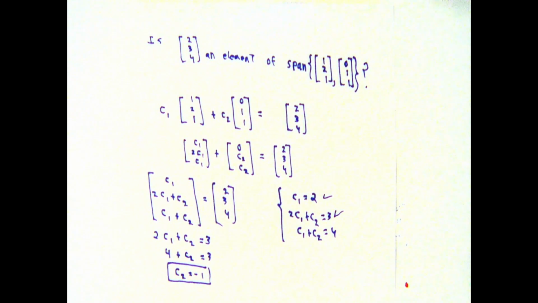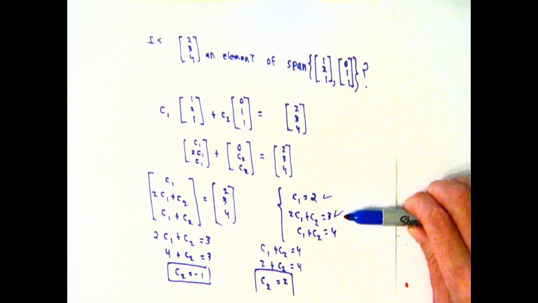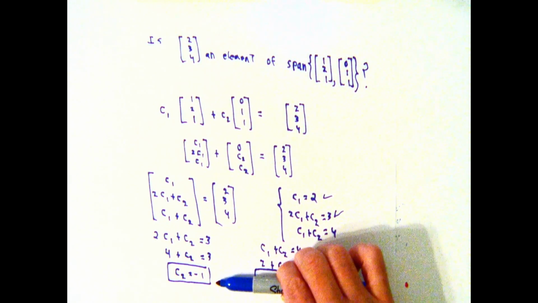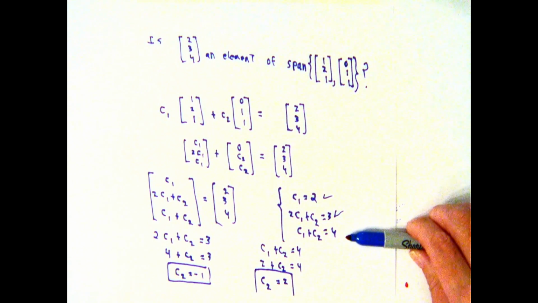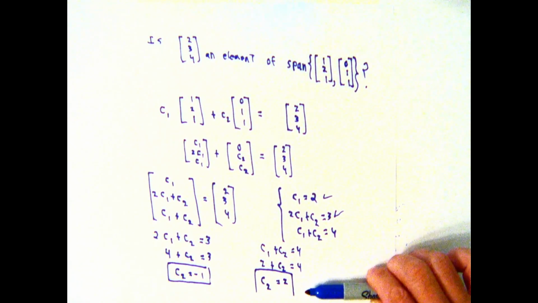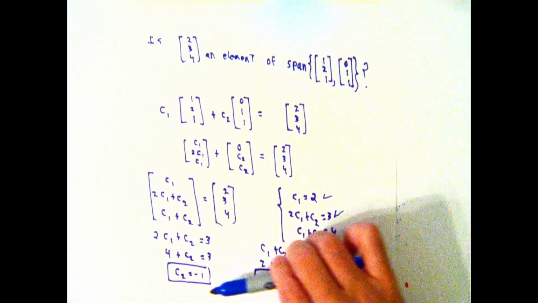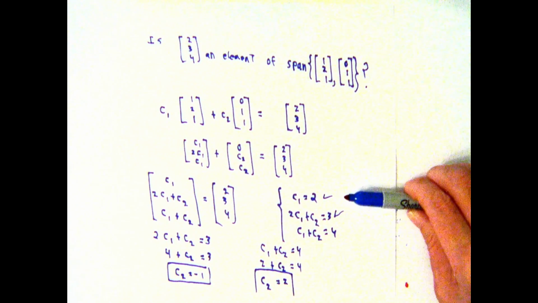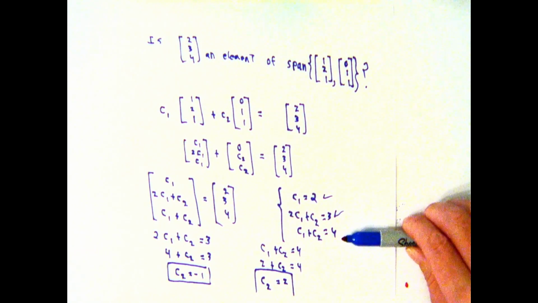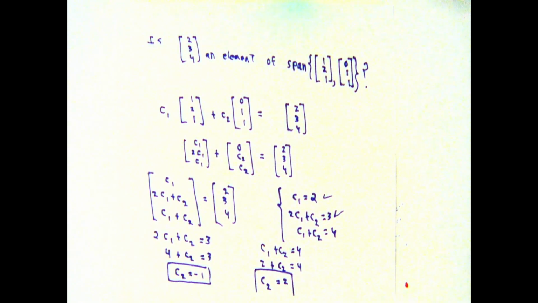But the third equation hasn't had its say yet. The second equation demands that C2 equal -1. The last equation demands that C2 equal 2. -1 and 2 are not the same number. There is no way to make all 3 of these equations true at the same time, no matter how you pick the C1 and the C2.